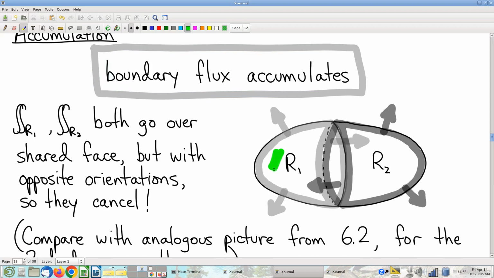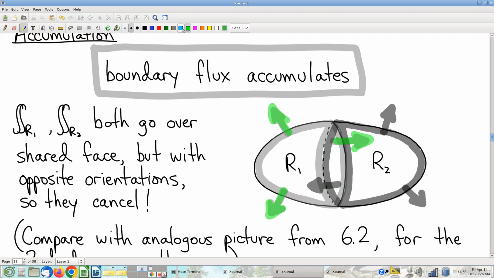So what do I mean when I say boundary flux accumulates? Well, if we look at this left side and ask, for that left piece of the solid, what is boundary flux? Well, boundary flux is like this. Notice all of these arrows here are away from the solid, which is what we're talking about for boundary flux.